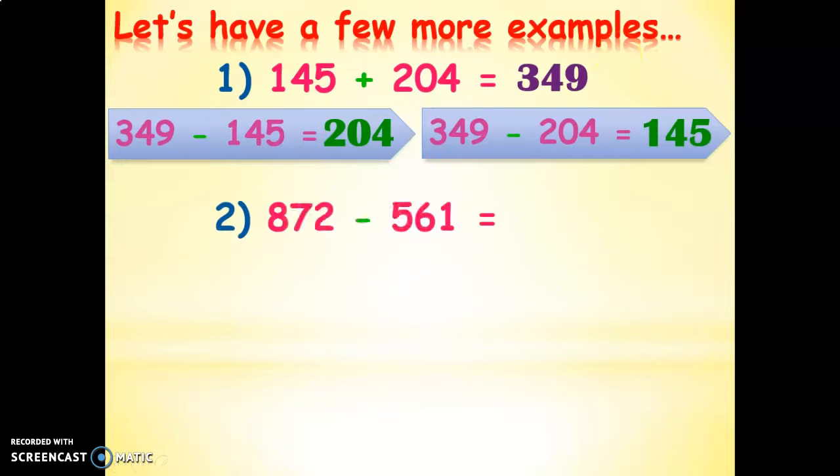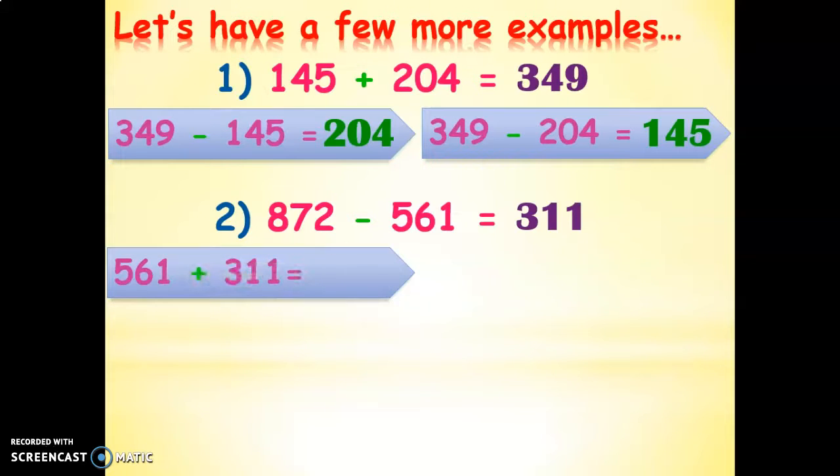For number 2, we have this subtraction sentence. It's 872 minus 561 equals 311. Now the inverse operation of this subtraction sentence is this addition sentence.